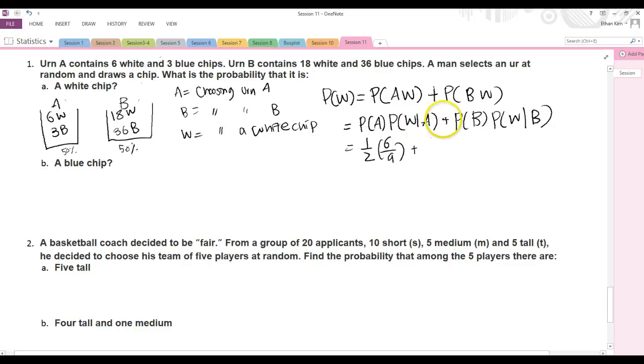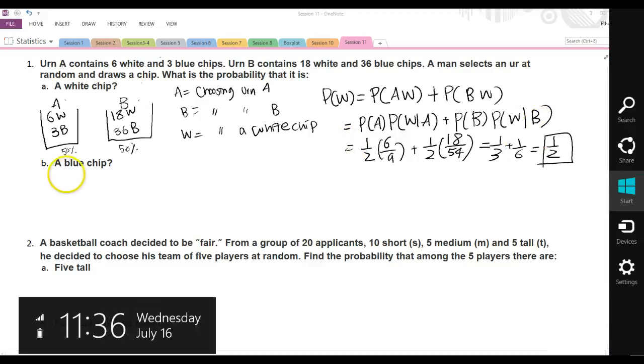And here, the probability of B is always the same, and the probability of choosing white in B is 18 out of 54, right? So this is 2/3 times 1/2, which comes out to be 1/3. This is 1/3 plus 1/6 equals 1/2. So this is the answer.